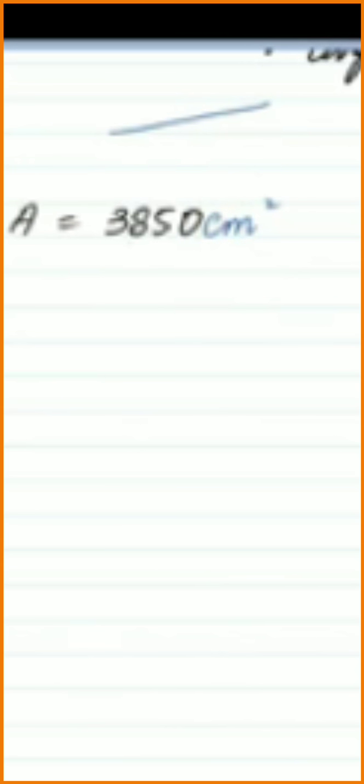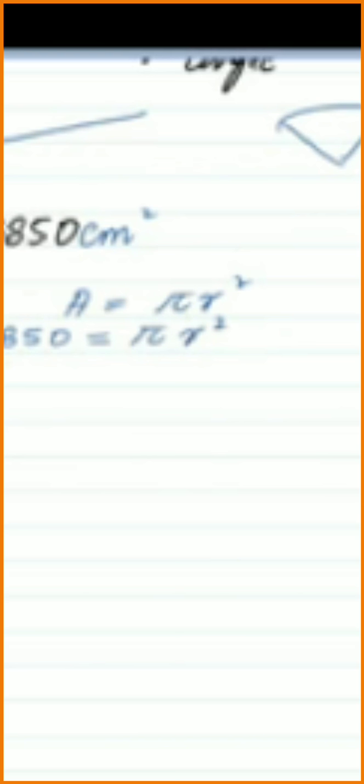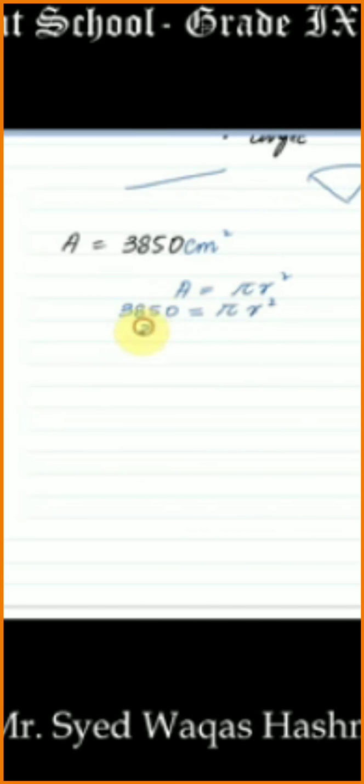That means we need to apply the area of a circle working formula, that is area is equal to pi r square. So 3850 is equal to pi r square.